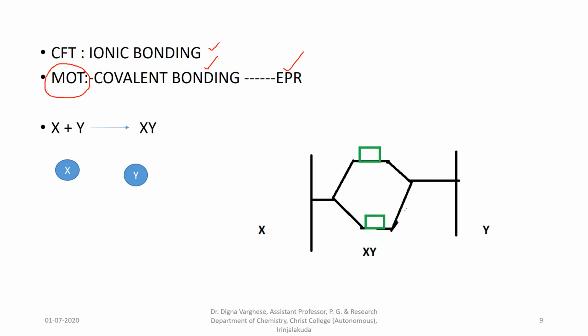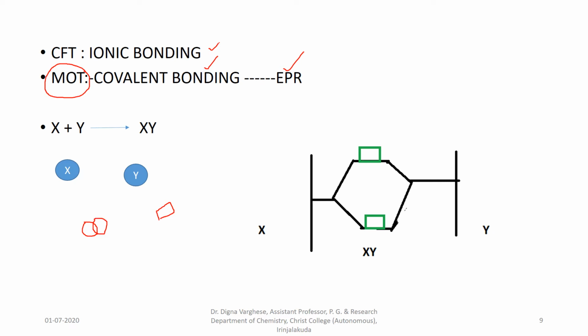We know for simple molecules, the molecular orbitals are formed by the linear combination of the atomic orbitals. Consider an atom X having an atomic orbital like this and Y having an atomic orbital like this, and these overlap each other to form a molecular orbital XY. The number of atomic orbitals combined gives the same number of molecular orbitals.